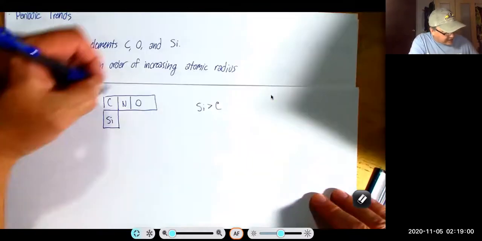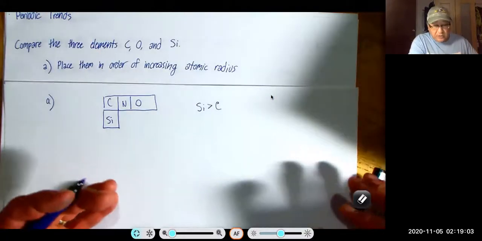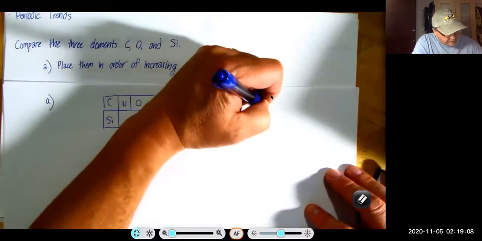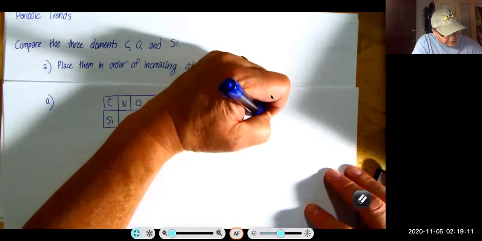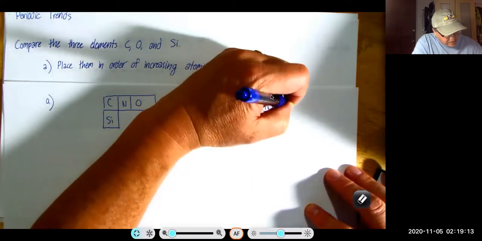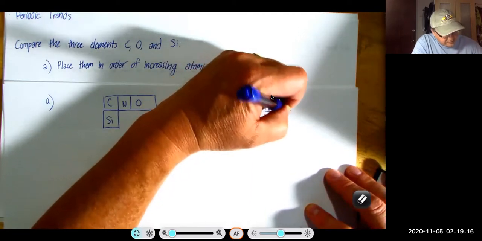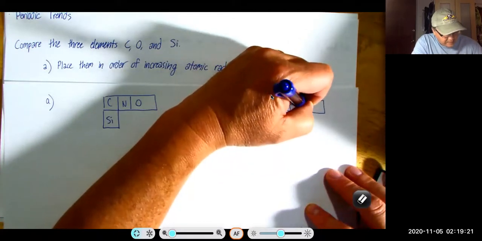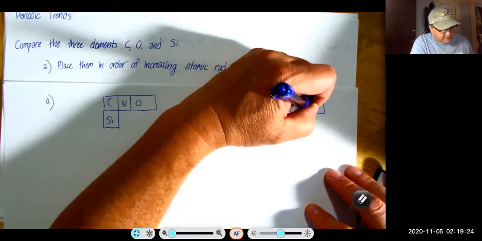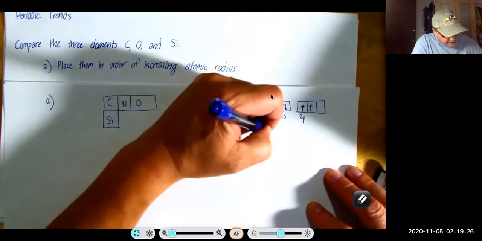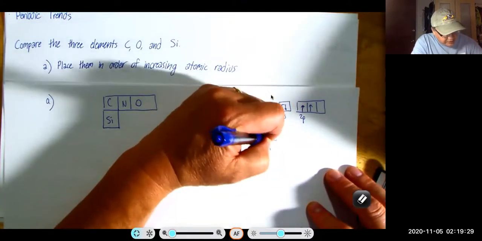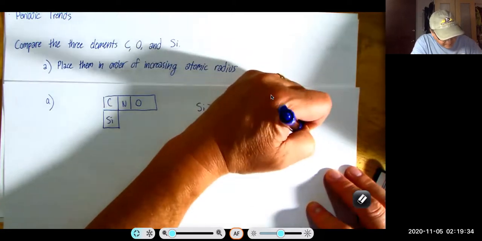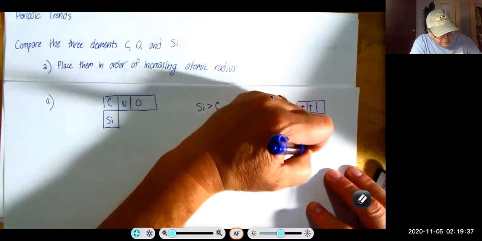So if we take a look at the electron configurations of each of these, which will help us to understand this, we'll look at carbon, which is 1s2, 2s2, excuse me, 2p2, there's carbon. Oxygen is 1s2, 2s2, and 2p4.